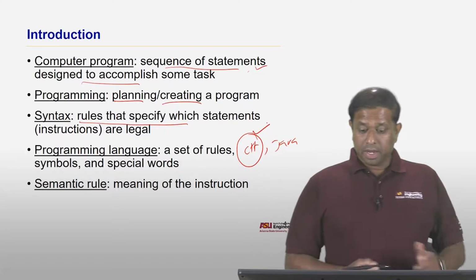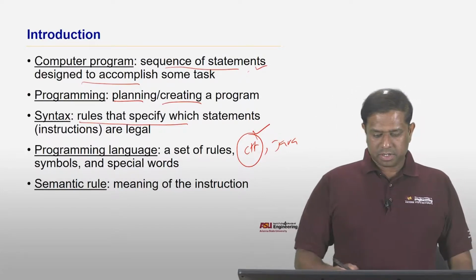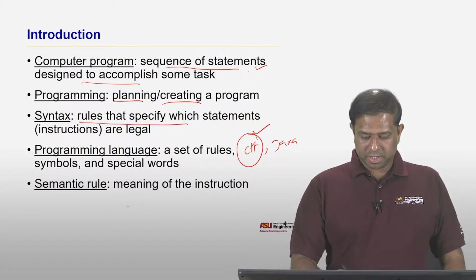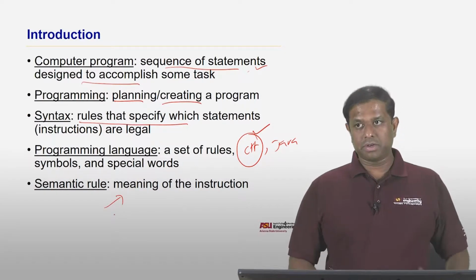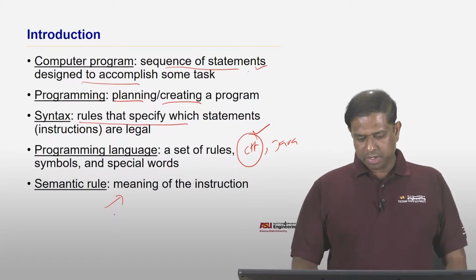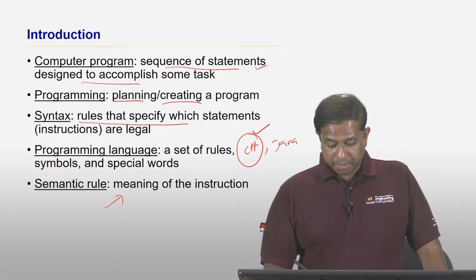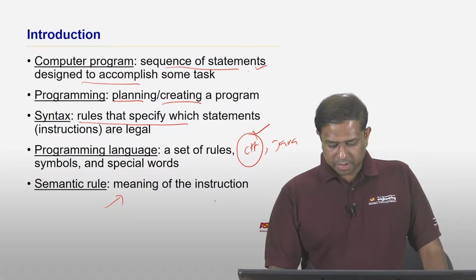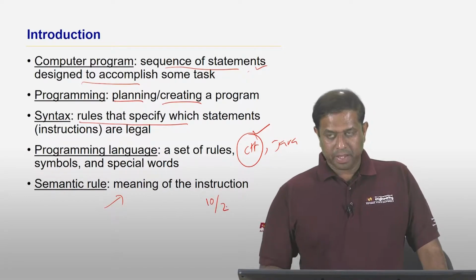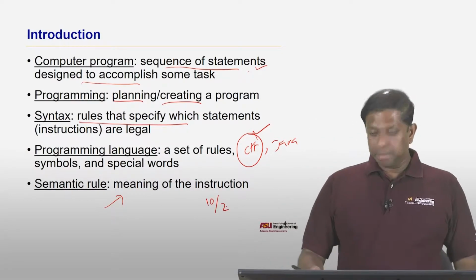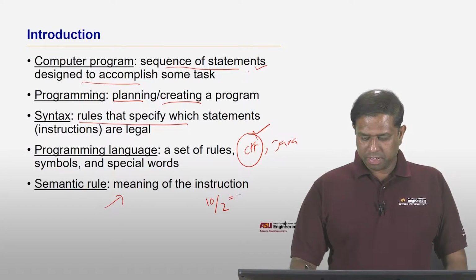In addition to these grammatical rules, sometimes these instructions have a meaning associated with them. Let me give one simple example. Suppose I am writing a statement to divide 10 by 2. 10 by 2 makes sense, that's going to give us 5, right?